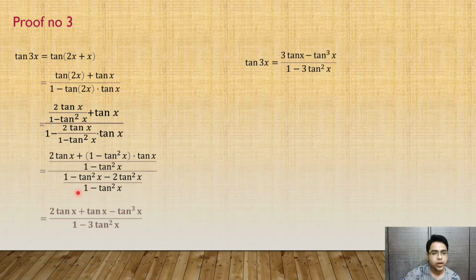In the numerator and denominator, 1 minus tan square x and 1 minus tan square x get cancelled out, and we will be getting 2 tan x plus tan x minus tan cube x divided by 1 minus 3 tan square x. Here tan x and tan x are positive, and there will be addition of this 2 tan x and tan x. We will be getting 3 tan x. So our final answer is tan of 3x, that is equal to 3 tan x minus tan cube x divided by 1 minus 3 tan square x.